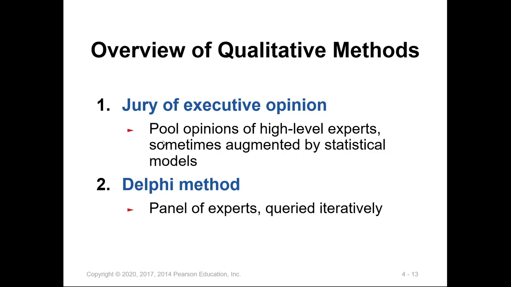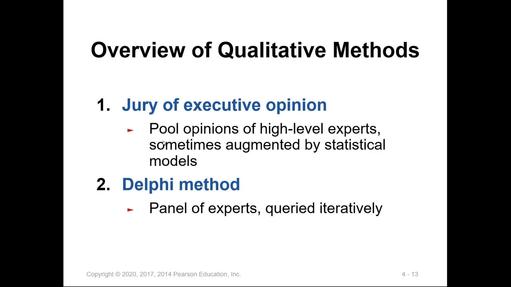So the first one is jury of executive opinion, which is opinions of high-level executives, sometimes strengthened by statistical models the executives learned or used from past experience. Delphi method uses a panel of experts and documents the most common opinion.